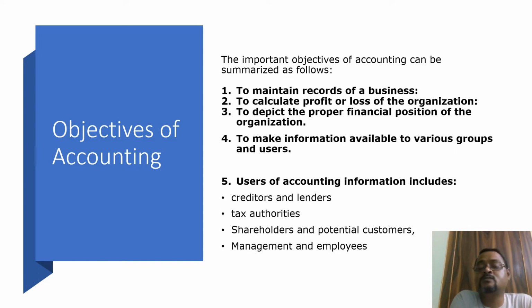One cannot remember numerous transactions being undertaken in the business, and there can be a lot of people working for a large or medium-sized business. For example, Wipro or Infosys or Reliance employ more than 1 lakh, or suppose more than 10,000 people. So there are thousands of transactions which are done on a daily basis. So the primary objective of accounting as a profession is to maintain these economic events and transactions, and keep a record.